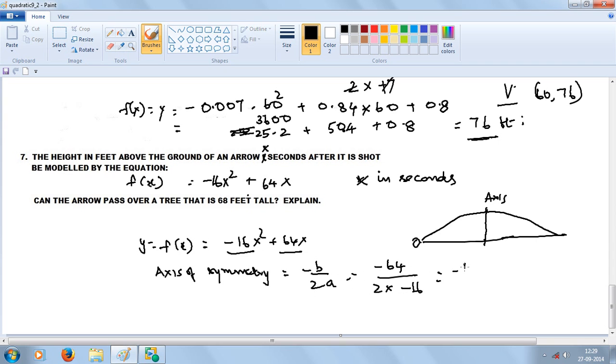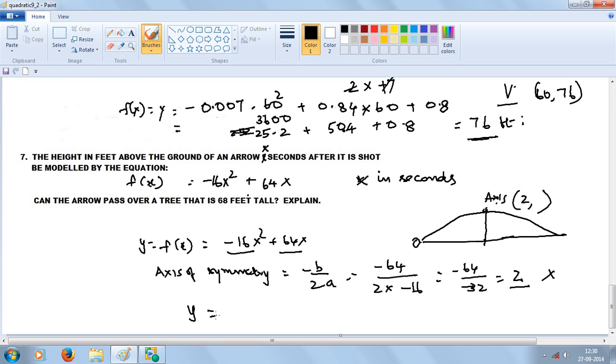So it is equal to minus 64 by minus 32, which is 2. So this is the x coordinate of the vertex. This is 2 now. So we have to find what is the y.